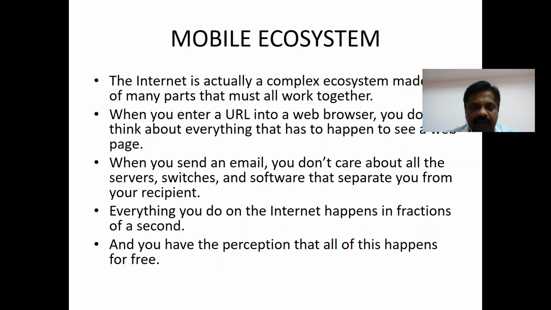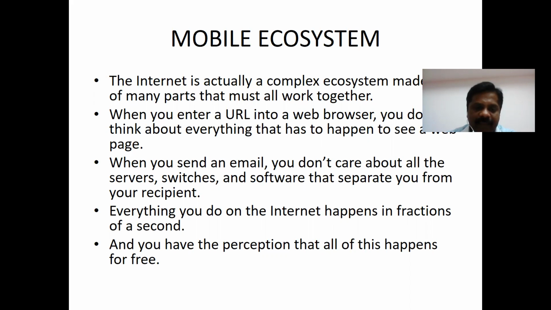The internet is actually a complex ecosystem made of many parts that must all work together. When you enter a URL into a web browser, you don't think about everything that has to happen to see a page.